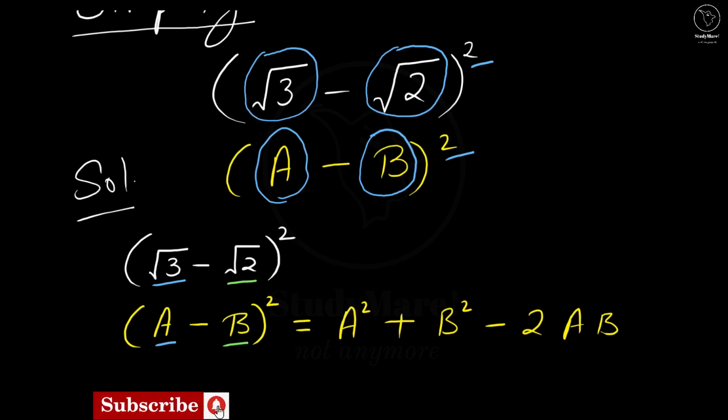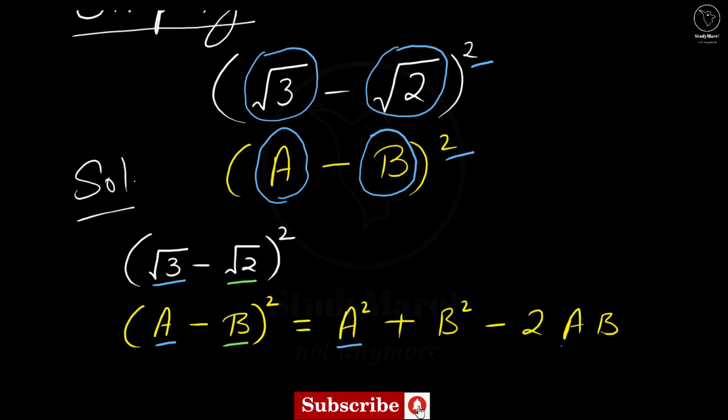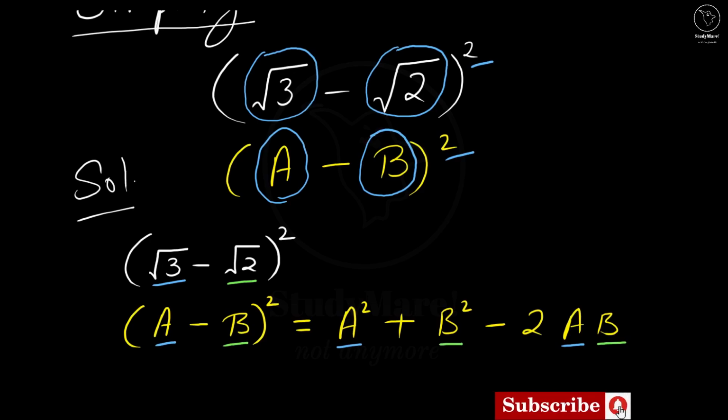It means when we expand, here we have a, here we have a, and here we have b, and here we have b. Just use the values as it is. What is a here? It is root 3 and there is a square, so just put a square over here, plus b.